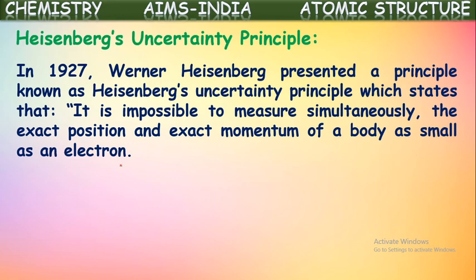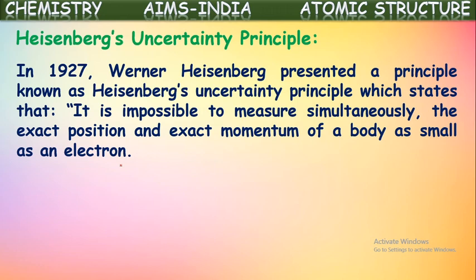Very small particles like the electron are revolving at a very high speed around the nucleus. If it is in continuous high speed rotation around the nucleus, it is impossible to calculate the momentum and the position both at the same time, simultaneously and exactly. If we calculate them both simultaneously, we get some errors in their values. This was explained by Heisenberg's uncertainty principle.